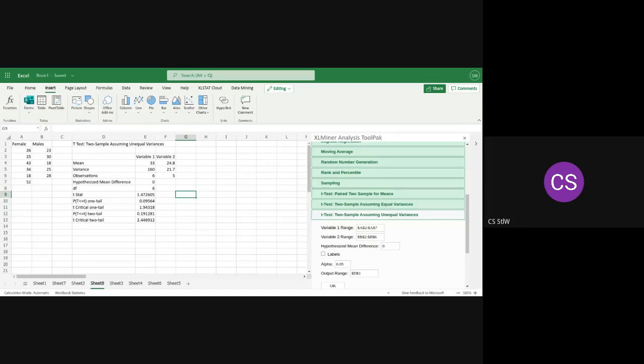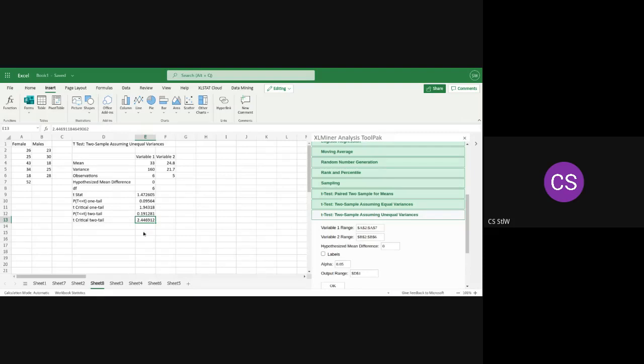Like I said, if the t stat is less than the negative of t critical, or the t stat is greater than the positive of t critical, we reject the null hypothesis.